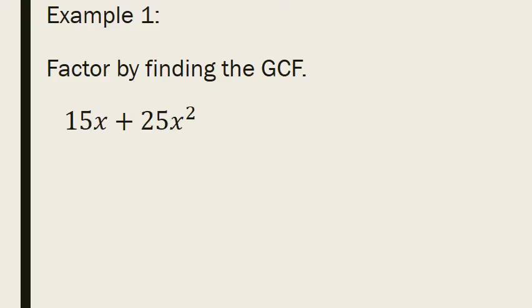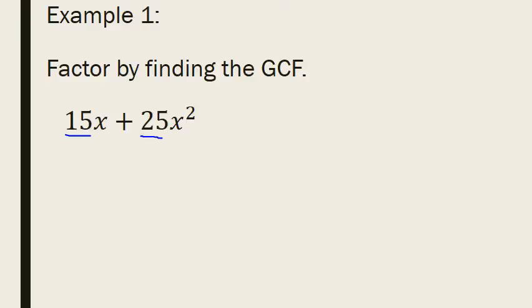Example 1, factor by finding the GCF. Well, remember, GCF is the greatest common factor. So let's first look at our numbers. Our numbers, or our coefficients, would be 15 and 25. So you've got to think of what is the greatest factor inside 15 and 25.